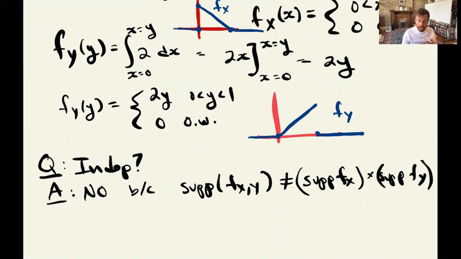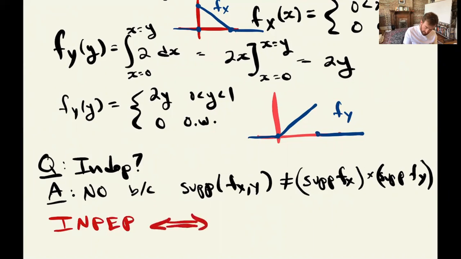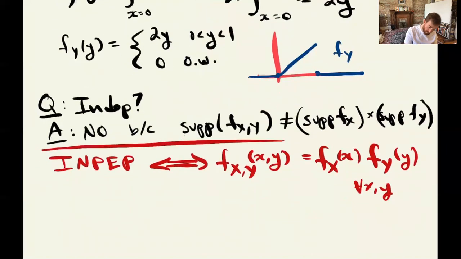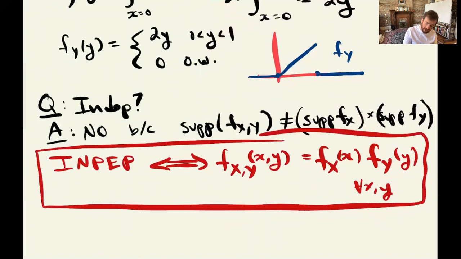But we can also just check using an equation because remember, based on the other slide we had here, it's independent if and only if f of x, y, the JDF, is equal to the multiplication of the PDFs. And so by checking that this right hand side fails, we then know that this is not independent.